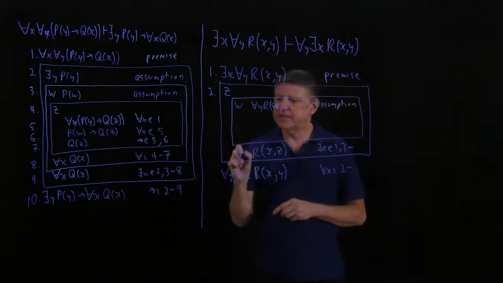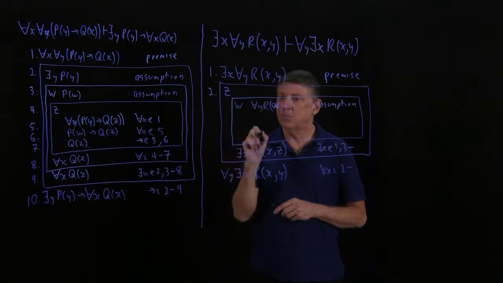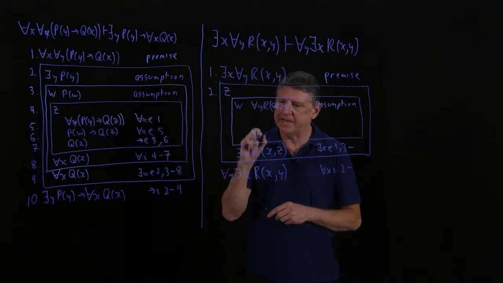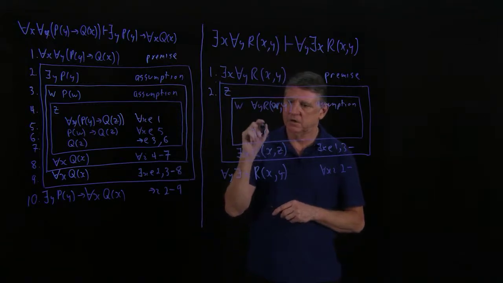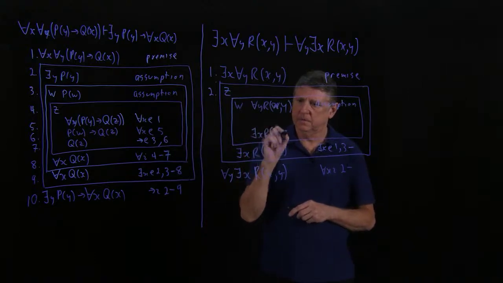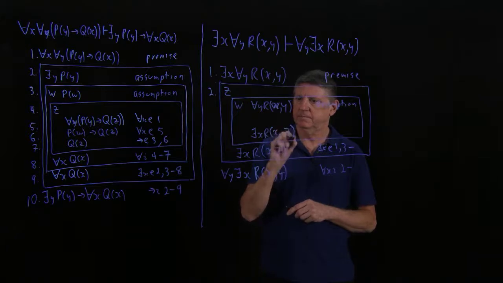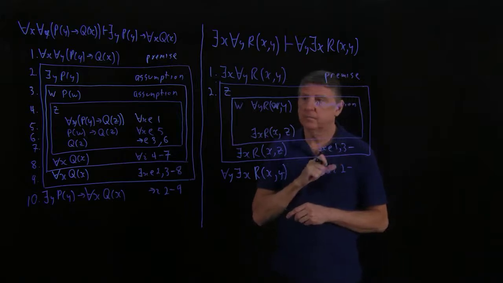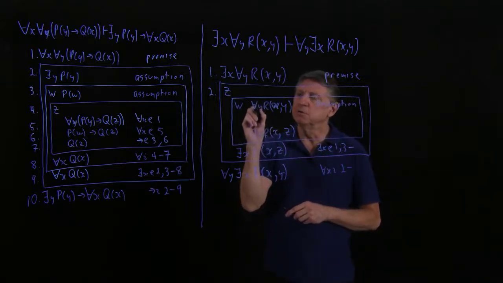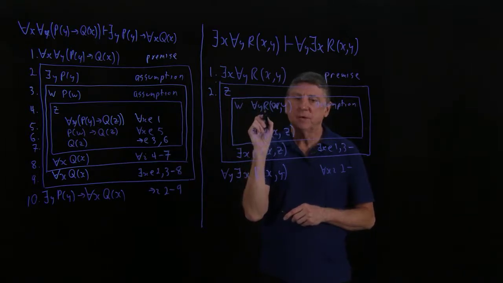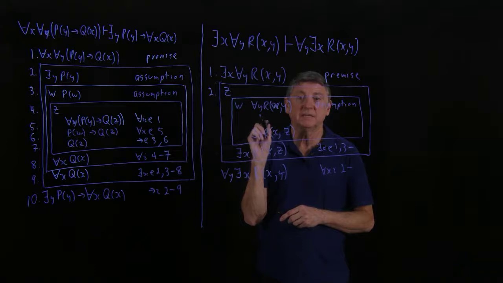And I then take this goal formula and I copy it as the bottom line of my assumption box. So that will be, there exists an x such that r of x, and now that's z specifically. So now, what could I do? Well, this is a universal quantifier, and I can eliminate that by a substitution with anything that I feel is convenient.